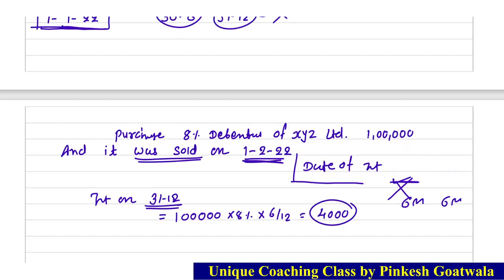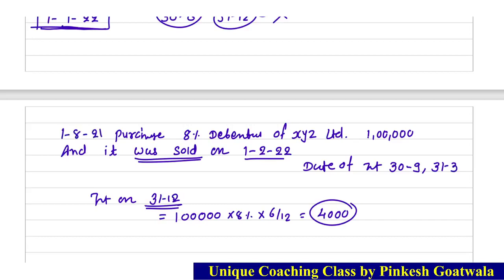Suppose the date of interest is 30 September and 31st March. Okay, and he purchased on 1/8/21 and sold on 1/2/22.